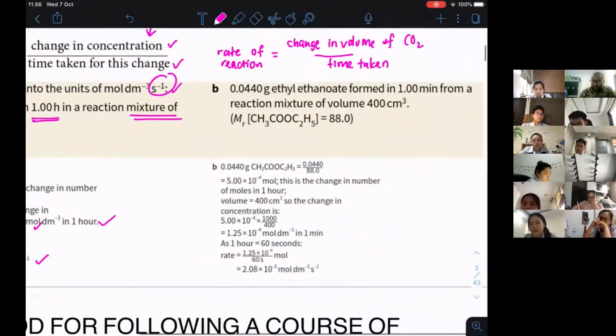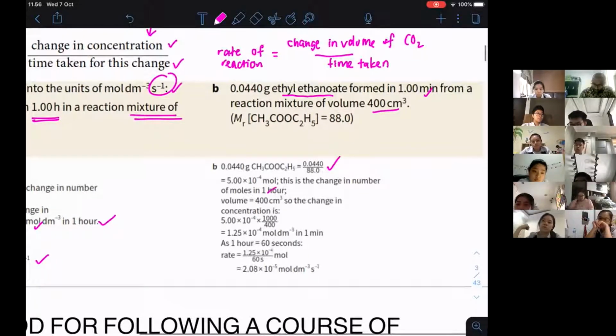When you have this ester being formed in 1 minute from a mixture volume of 400 cm cube, what we need to do is change it into the number of moles first. They say in 1 minute. I think this one is actually wrong. Yeah, it's 1 minute. So the volume is 400 cm cube, which is 0.4 dm cube.